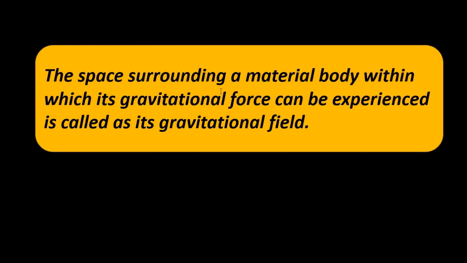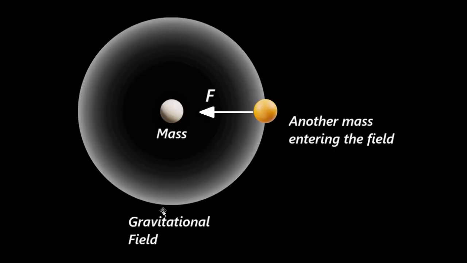So that is the basic definition of gravitational field: the space surrounding a material body within which its gravitational force can be experienced. Here, this bubble region, this circular region around this white mass, is its gravitational field.